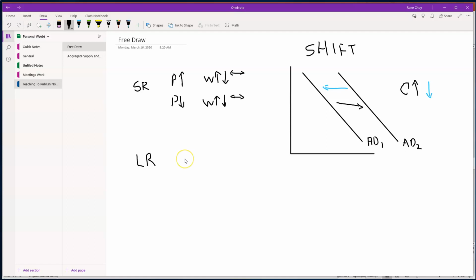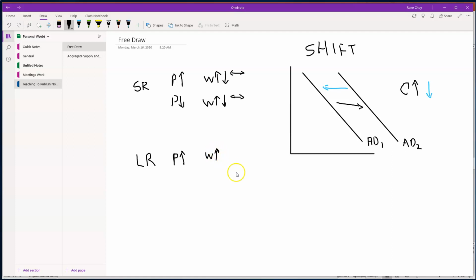The long run is a very particular thing that we tend to notice over long time periods. This particular behavior is a direct relationship between prices and wages. So every time you see prices going up in the short run, what we tend to see in the long run is that wages will follow by going up.